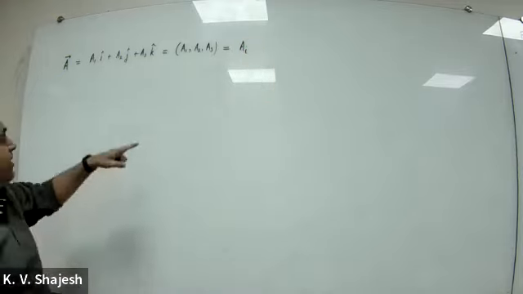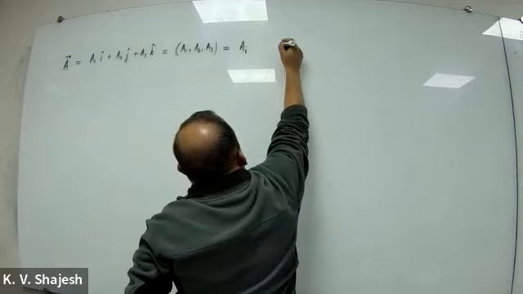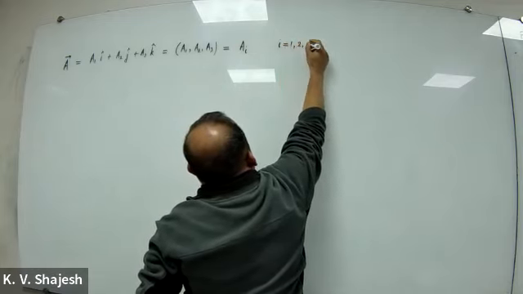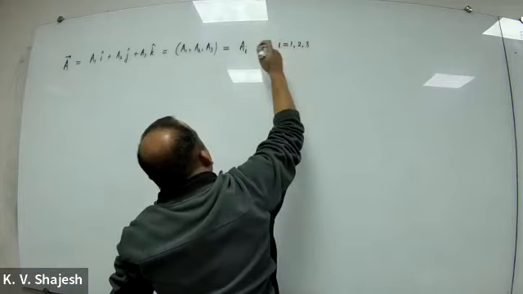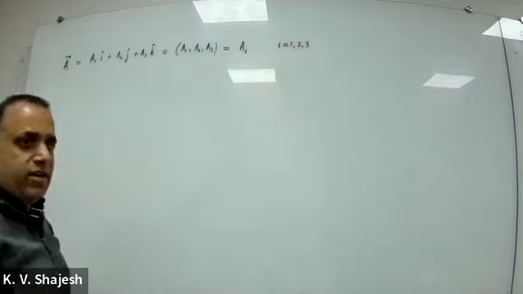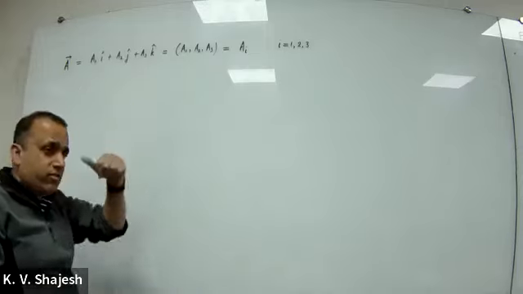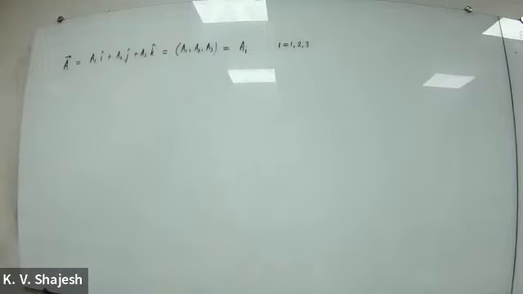That means there are three components, and it means i is equal to 1, 2, and 3. When i is equal to 1, it's the x component. When i is equal to 2, it's the y component. And when i is equal to 3, it's the z component. Again, with the understanding that the unit vectors are always in rectangular coordinates.